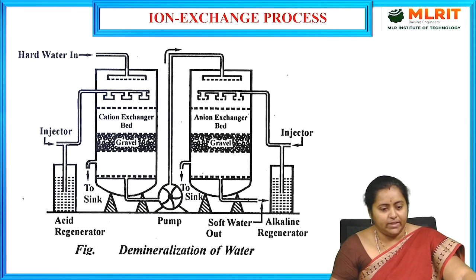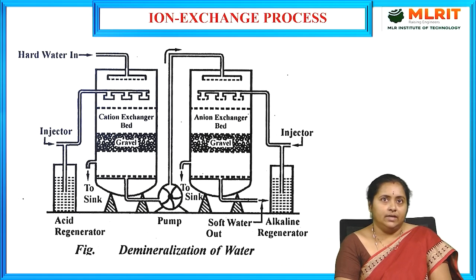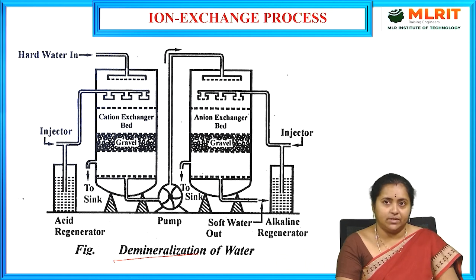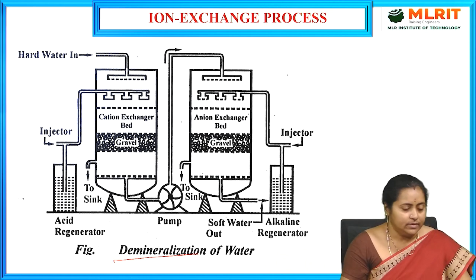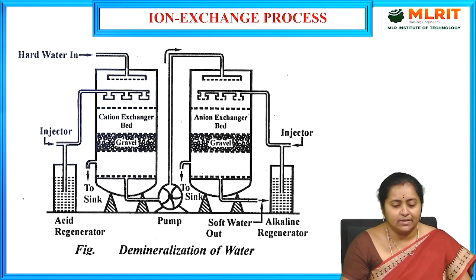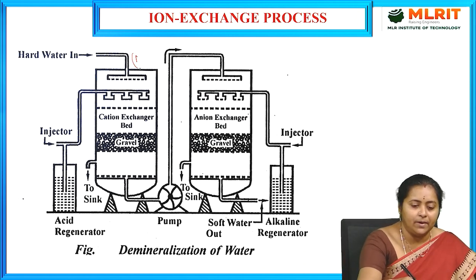So let us go with the process. As I told you, it is an example of the ion exchange process or demineralization of water. So let us see. This is the apparatus that is used for the entire process, which contains 2 compartments.